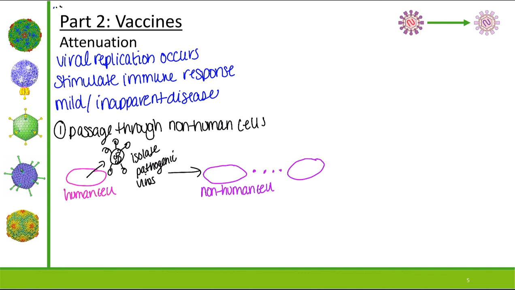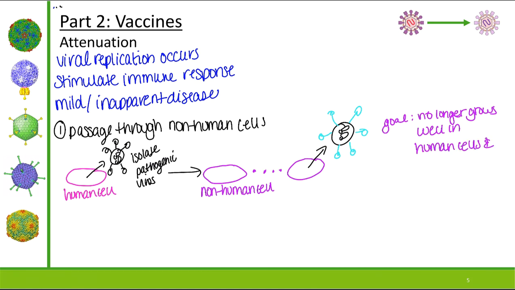At the end, hopefully, we have selected for a virus population that infects those non-human cells better than it infects human cells. The goal here is that this virus no longer grows well in human cells, and it's going to elicit an immune response.